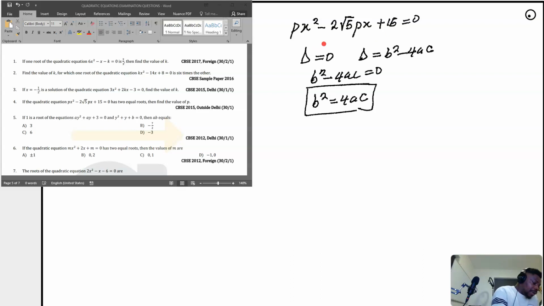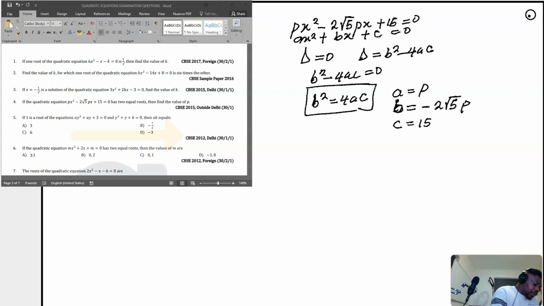So here, let's compare this with our quadratic equation, ax squared plus bx plus c equals 0. So my a will be p, my b is minus 2 root 5 p, and my c is 15.